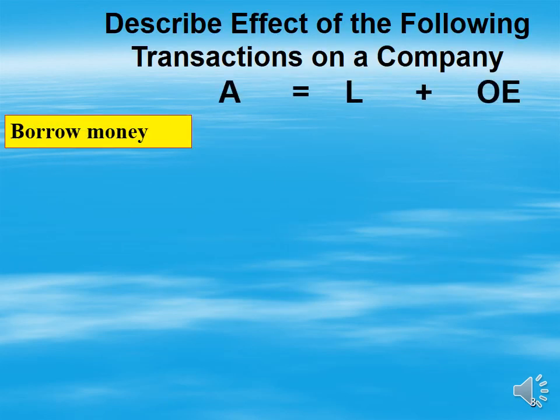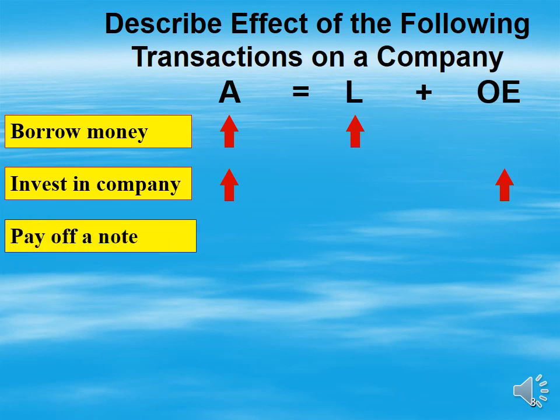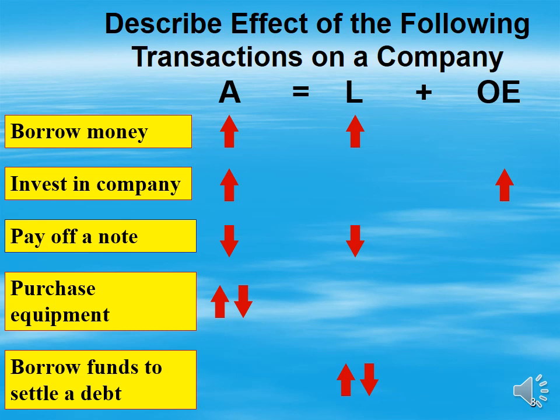We have discussed several examples of how one business transaction will affect the accounting equation. Remember last week, when a business borrows money from, let's say, a bank, the effect on the accounting equation is that the asset cash will increase and the liability, which is the bank loan, also will increase.